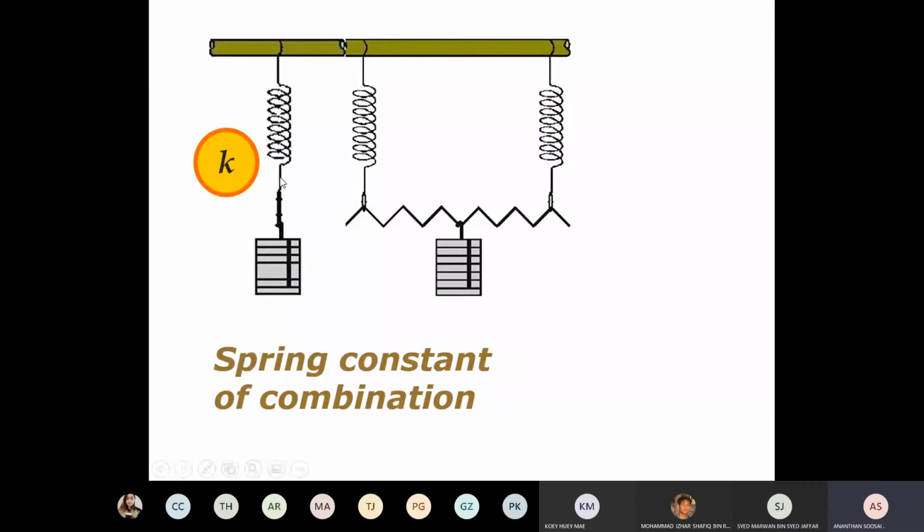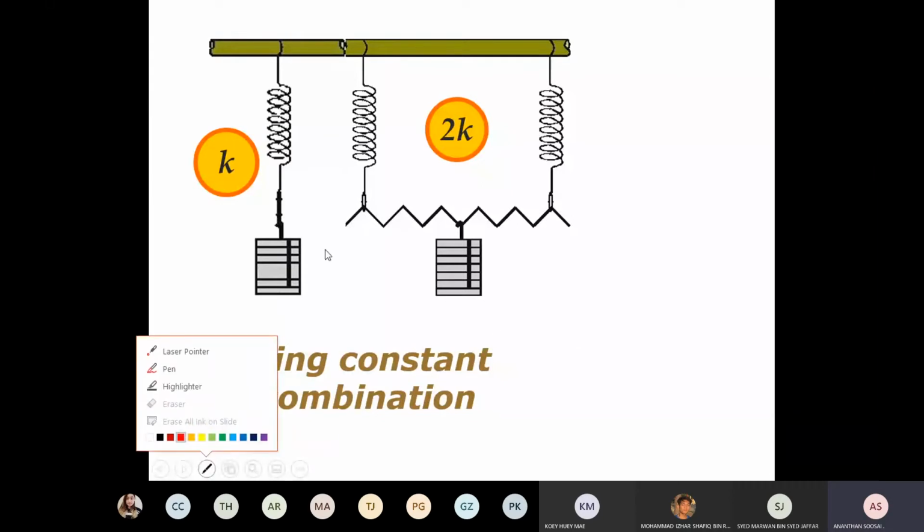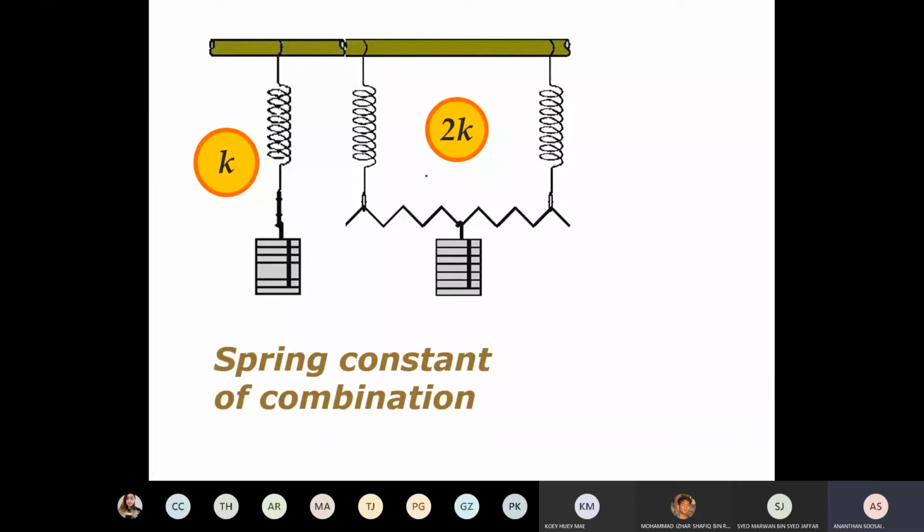It gets stiffer. If you put more springs in parallel, it is very difficult to extend. So if one spring is k, two springs together give 2k. This is connecting springs in parallel. If connecting springs in parallel, the total k is k1 plus k2. This is the formula.